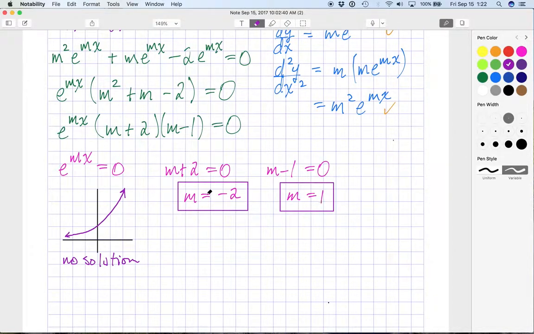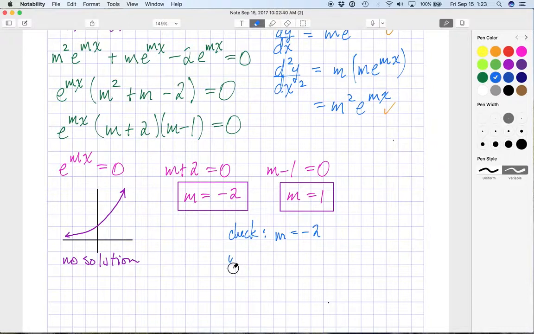So what I will do is I'll verify the m equals negative 2 solution, and you can do the m equals 1 on your own. So let's do that little check now. So we'll check m equals negative 2.